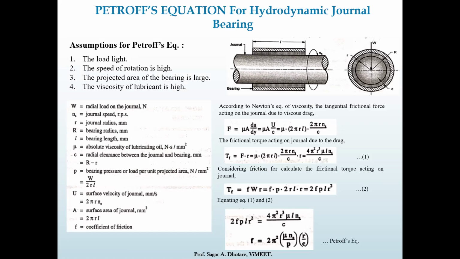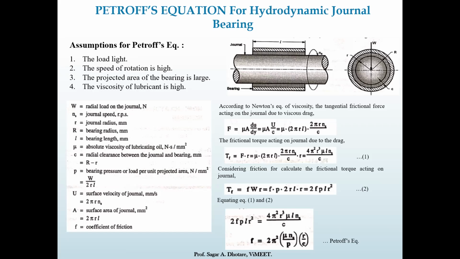Now one more thing is that there are two dimensionless parameters, that is the ratio of mu n_s divided by p and r by c. The Petroff equation, or we can say analysis, is applicable when the journal is concentric to the bearing. This is possible when the speed of rotation of the journal is very high, and the applied load is very light, or you can say moderate.